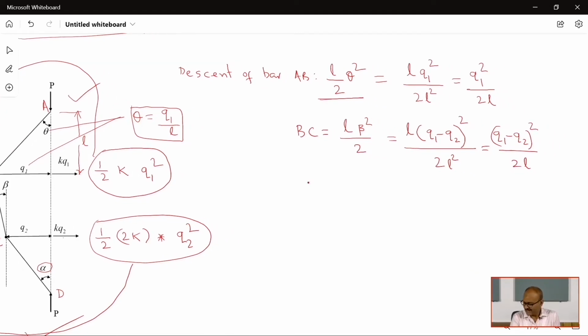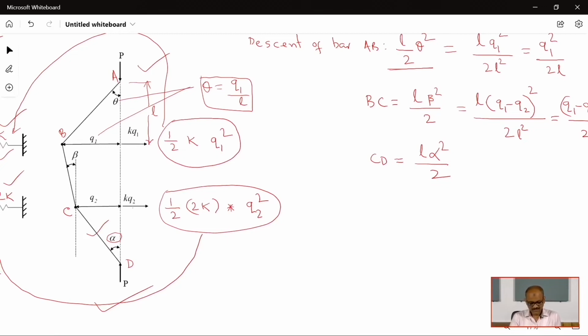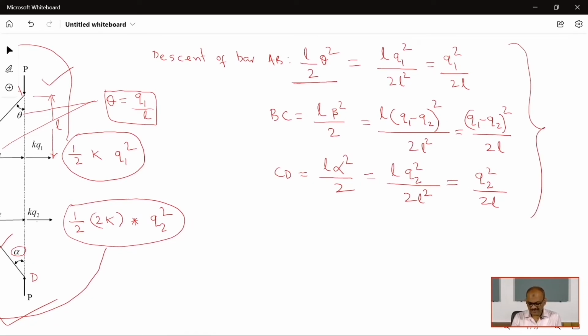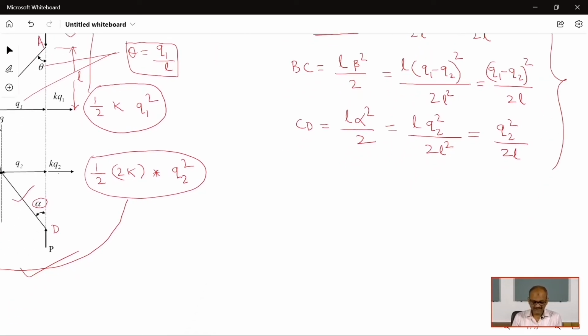And descent of bar CD is L alpha square divided by 2, then L into Q2 square divided by 2L square, and this is Q2 square divided by 2L. Now, this is the descent, and if we multiply with P, we get external work done.